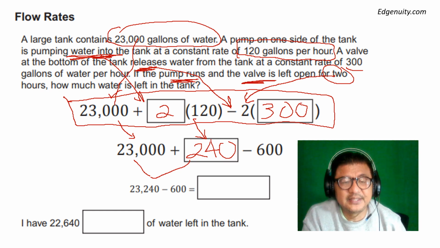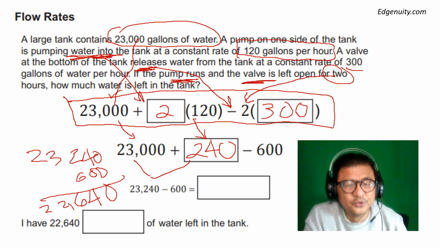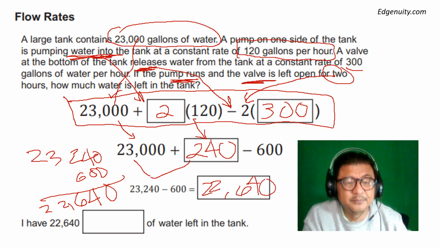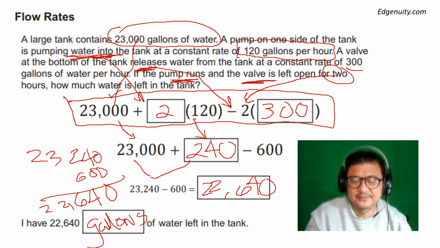So if you subtract that, 240 minus 600, you're going to get 22,640. Don't just leave your answer like that. Label it. I have 22,640 what? Gallons of water. Gallons. All right? Okay, next.